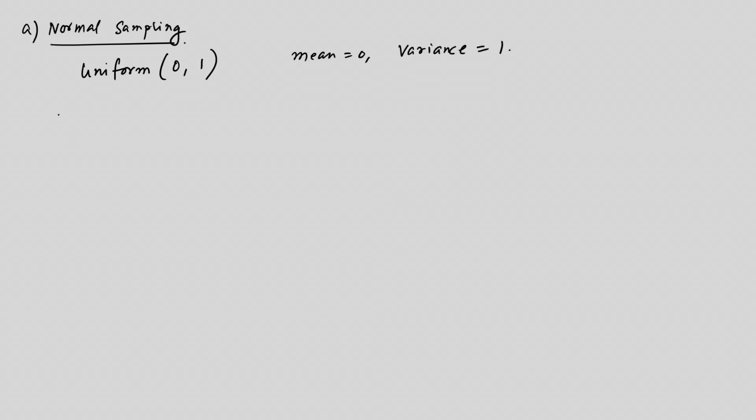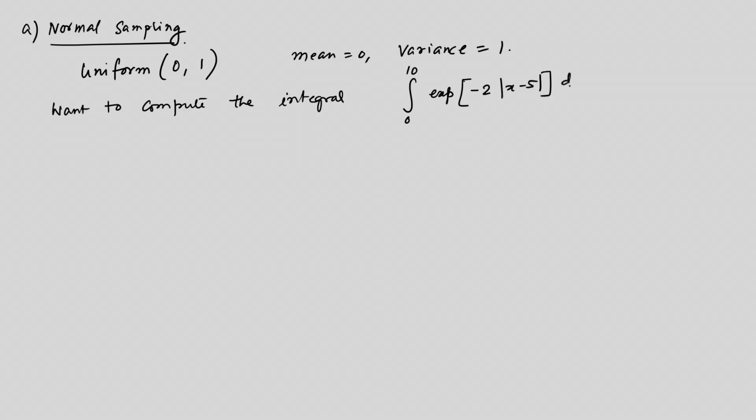So, we want to compute the integral from 0 to 10 of exp(-2|x-5|) dx.